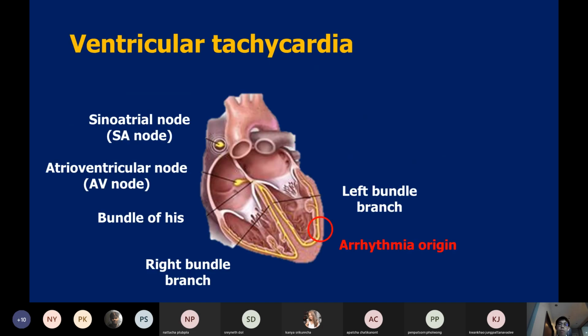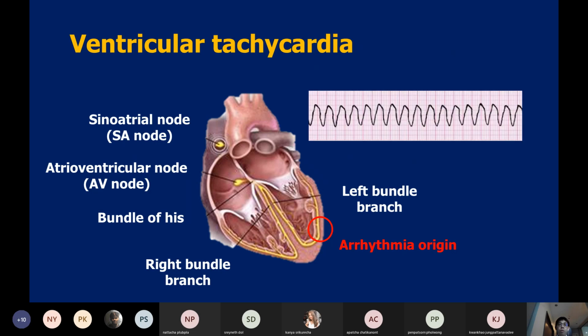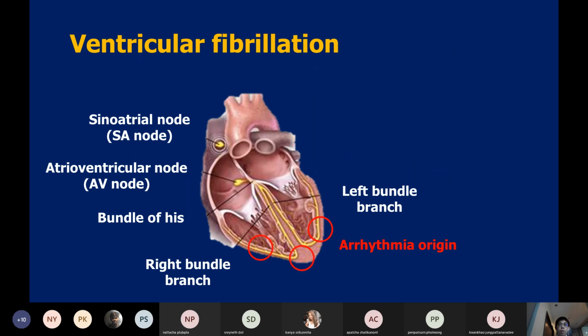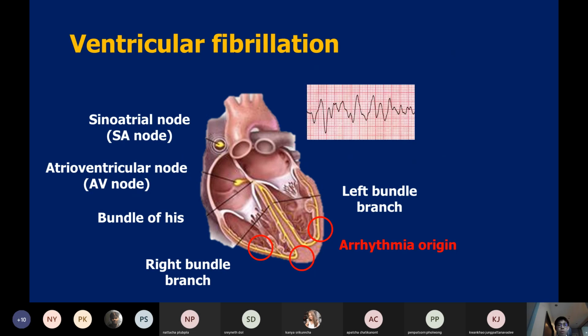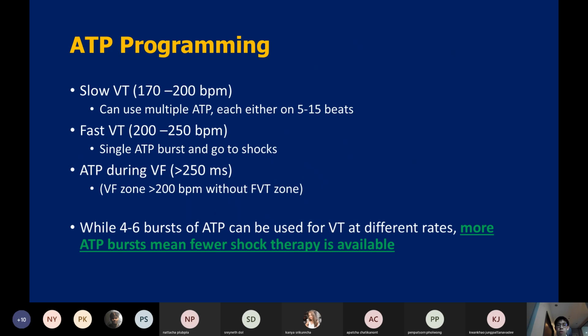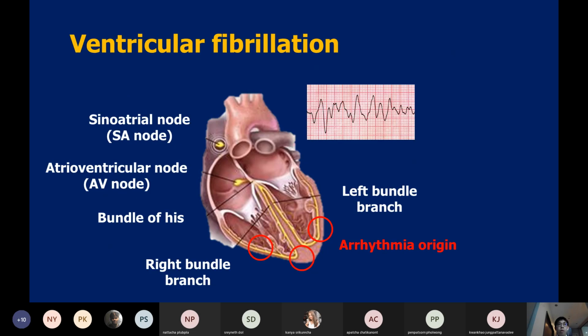We usually treat patients who experience ventricular arrhythmia with this type of device. The most common is ventricular tachycardia, which generates from the ventricle, and ventricular fibrillation, also from the ventricle. We use this device to prevent further cardiac events after these 2 arrhythmias.